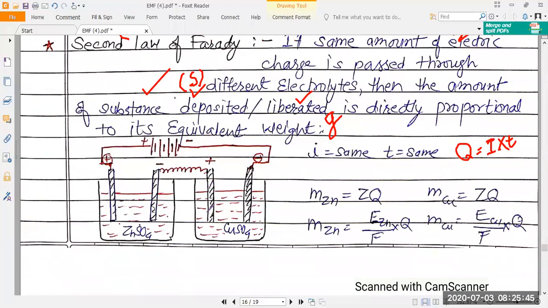And we know how we can find the equivalent weight. Equivalent weight is equal to the molar mass of the substance divided by the number of electrons taken or donated by the substance.